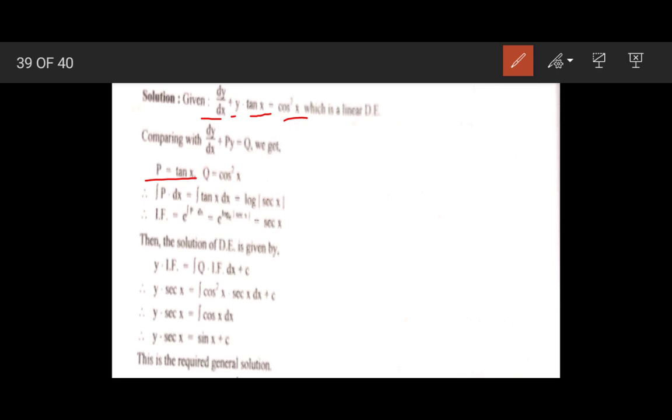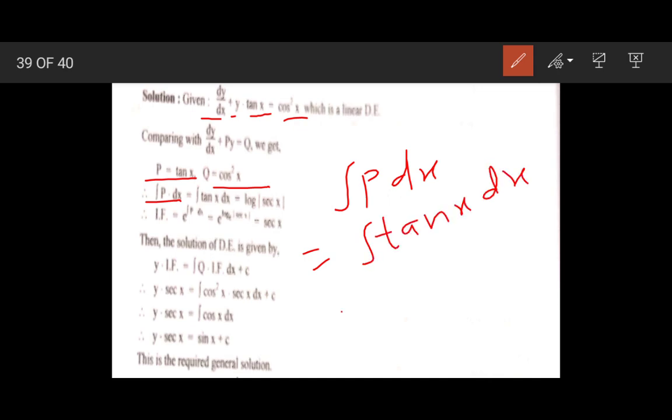So p is tan x and q is cos square x. Now to find the integrating factor, first we have to find the integral of p dx. So that means the integral of tan x dx, and we know that the integral of tan x is log sec x.